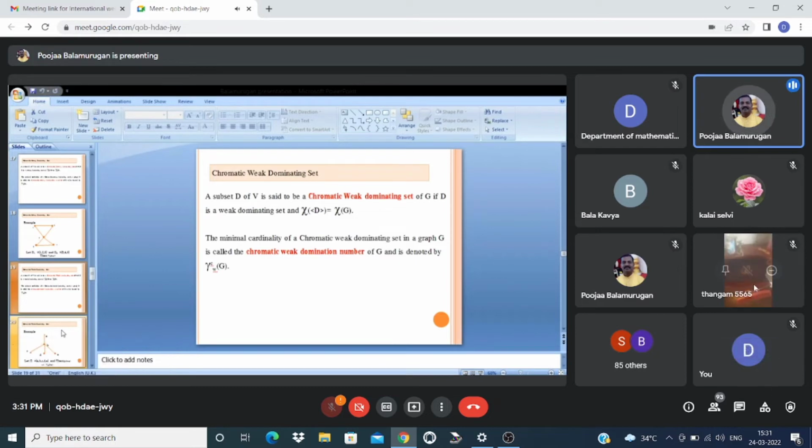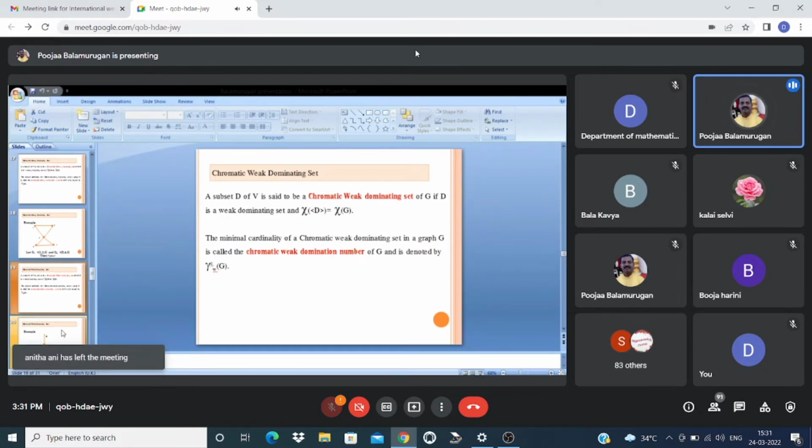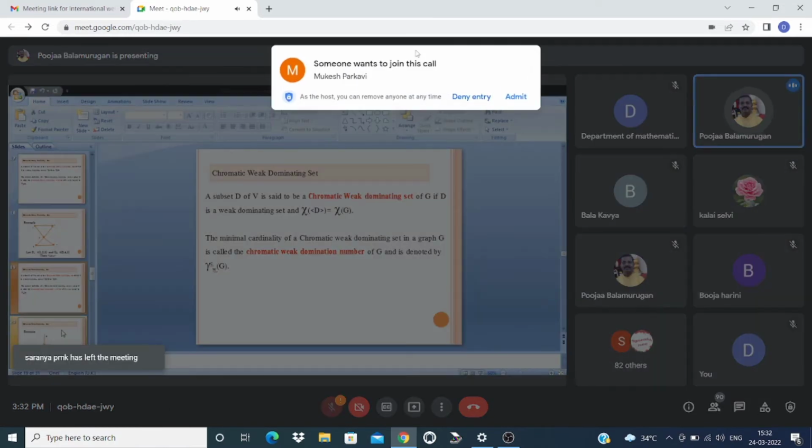A subset D of V is said to be a chromatic weak dominating set of G if D is a weak dominating set and chi of induced D equals chi of G. The minimum cardinality of a chromatic weak dominating set in a graph G is called the chromatic weak domination number of G and is denoted by WC of G.